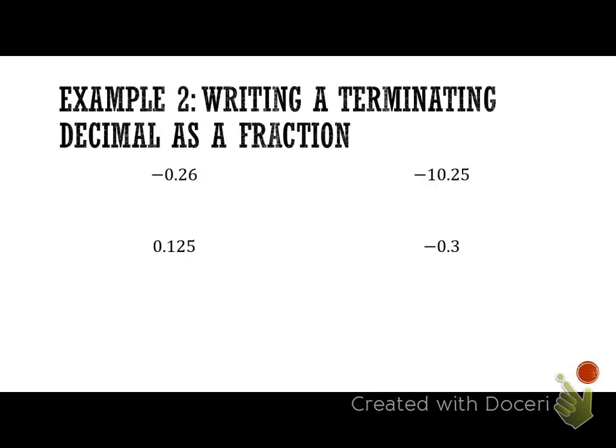All right, in example 2, we are going to do all of these because they're all a little bit different from each other. To change a decimal to a fraction, I need to look at the place value of the last digit in my decimal value. The 6 is in what place value?